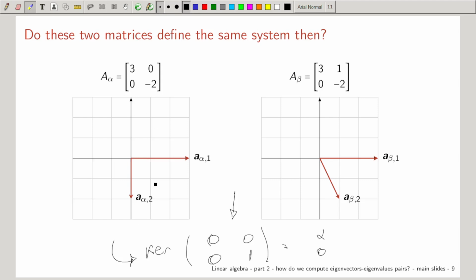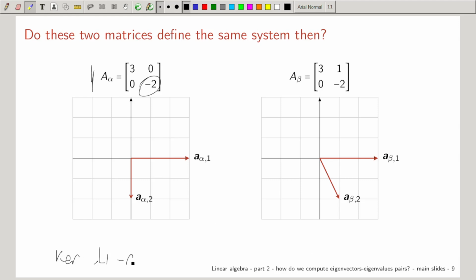Perfect. Eigenspace associated to -2 for this matrix here. Go. How do you do computations? We need to write kernel of lambda I minus A, true? That means kernel of -2, 0, 0, -2, minus 3, 0, 0, -2, true?